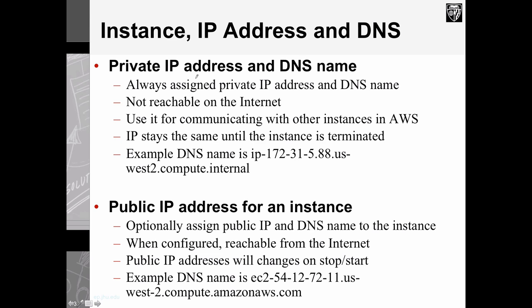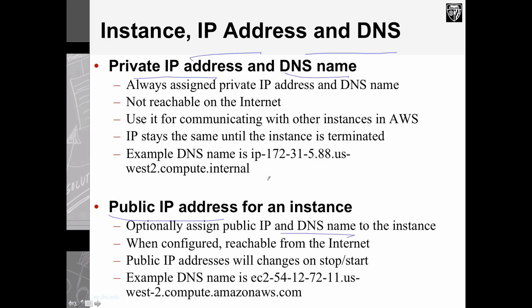So let's talk about the IP addresses and the DNS information for our instances. When you start an AWS EC2 instance, you get 2 types of IP addresses. You get what's called a private IP address, and you get something called a public IP address. And you get a private DNS name, and you get a public DNS name.